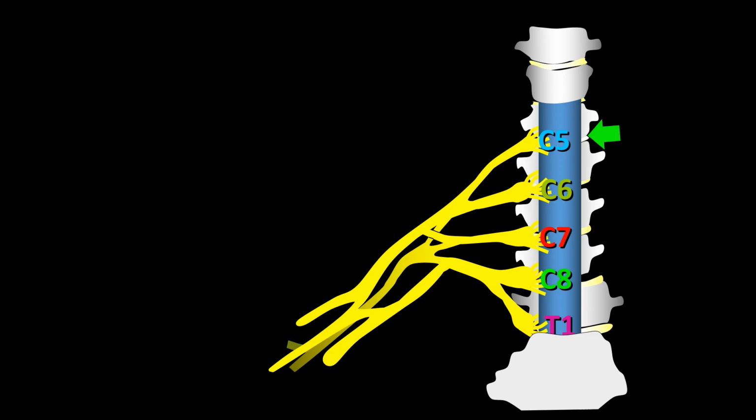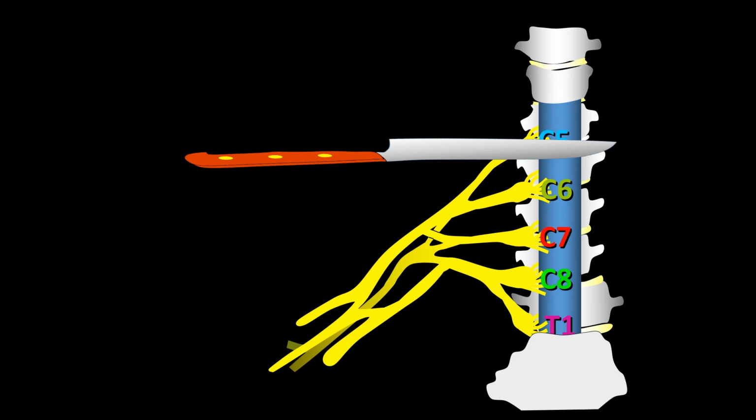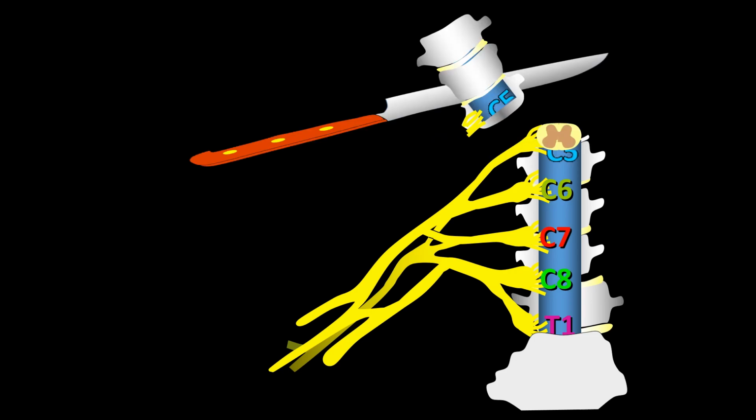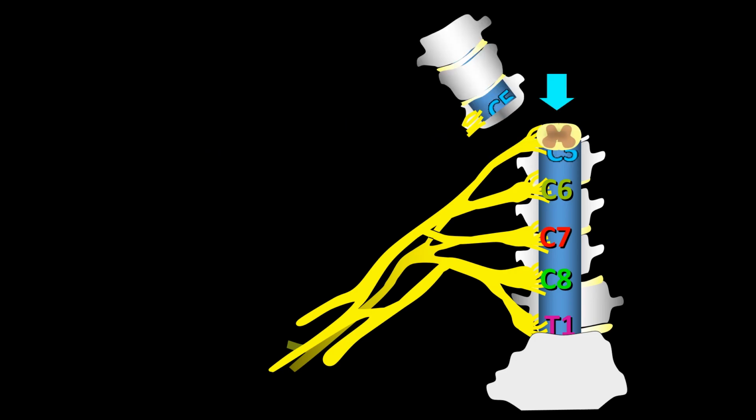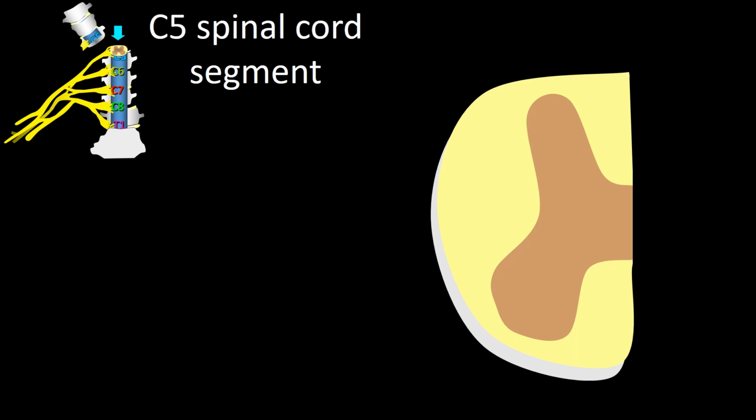If we go to the C5 segment and cut through it, as you can see, and then look at the spinal cord from the top, we will see a structure that resembles the wing of a butterfly surrounded by amber.